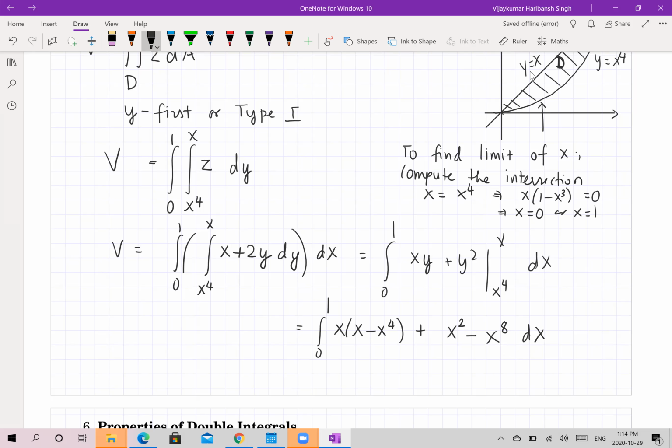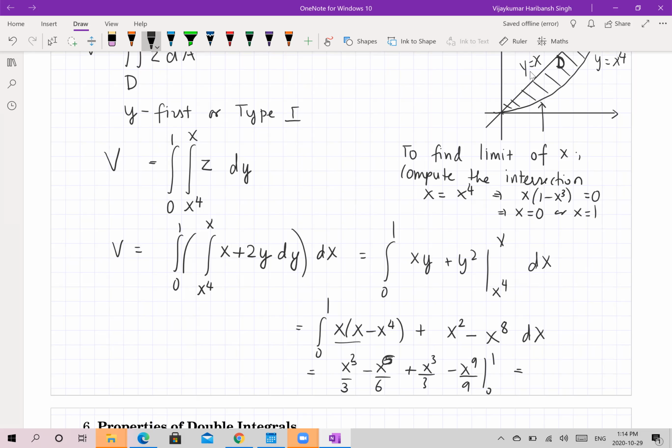Now if we compute this, we have x cubed by 3 minus x to the power 6 by 6 plus another x cubed by 3 minus x to the 9 by 9, from 0 to 1.